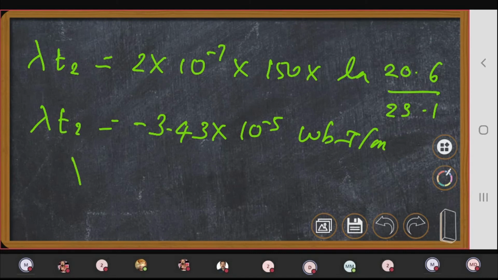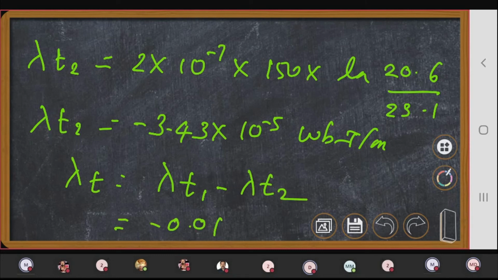So the resultant flux linkage should be lambda T1 minus lambda T2. Once you take the average of these two, you may have minus 0.01 into 10 power minus 5 Weber turns per meter. So we need the mutual inductance of the conductor. The value is negative, and in the case of a telephone line we have to convert negative into positive.